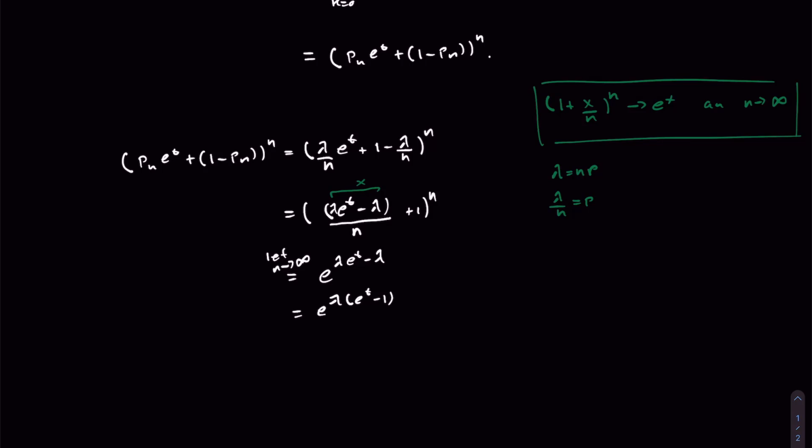That is, in fact, identical to the MGF of a Poisson. So this is the MGF of the Poisson, and that is what we were asked to show.